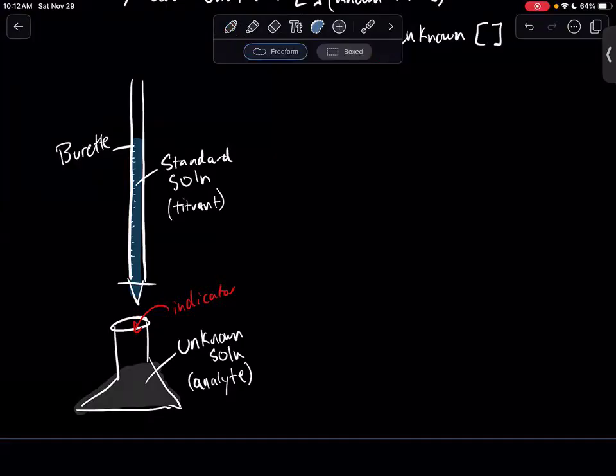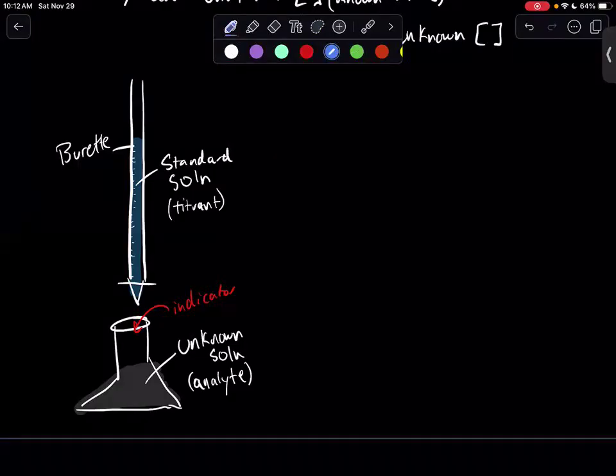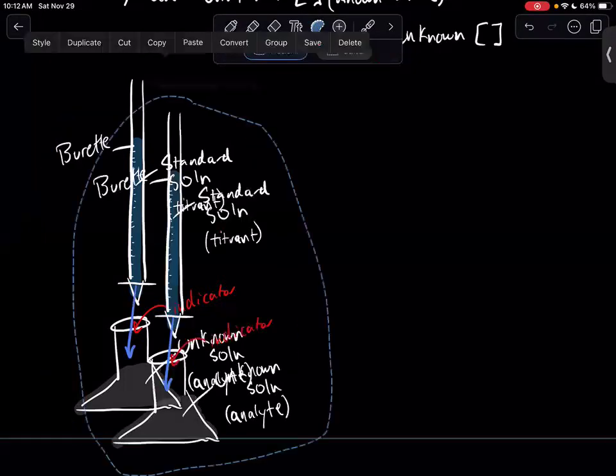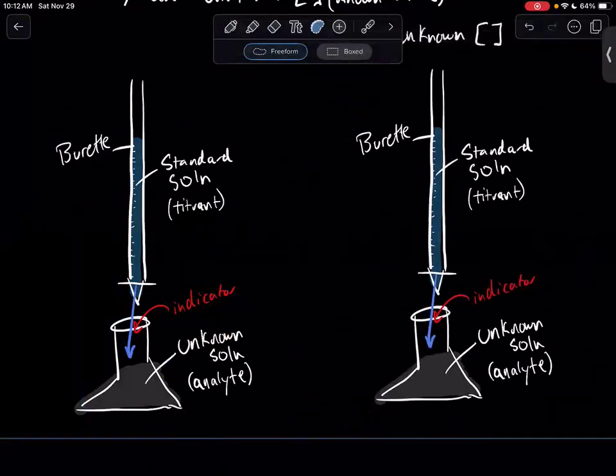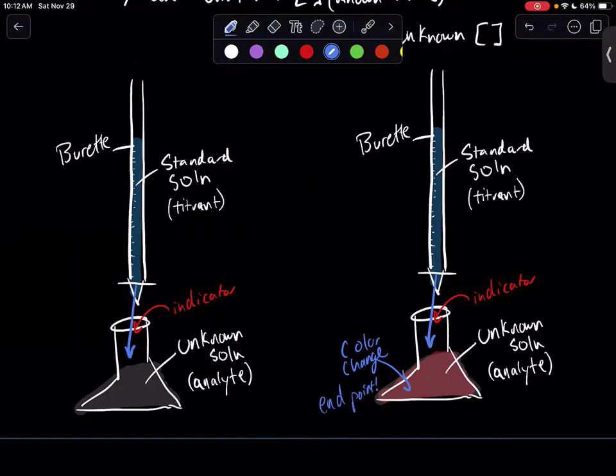We will slowly add our titrant in, and after a while we will notice a color change. Like I said, phenolphthalein turns pink, and so we have a color change. That color change tells us that we are at the end point. We have finished our titration.